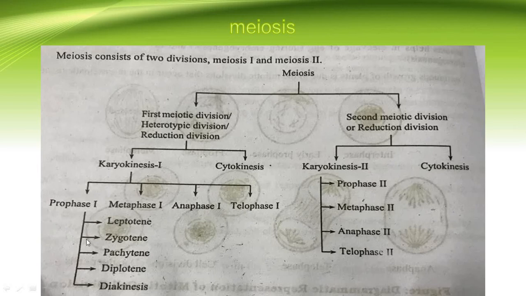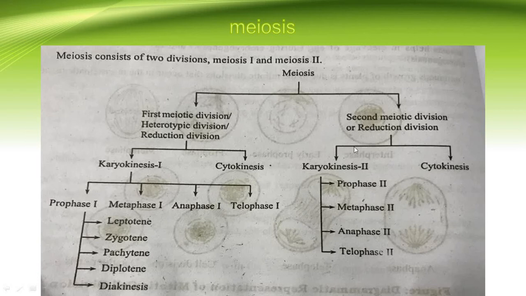Again in prophase 1 it is the longest and it is further divided into the following 5 substages: leptotene, zygotene, pachytene, diplotene and diakinesis. These are the 5 substages of the prophase 1 of meiosis 1.